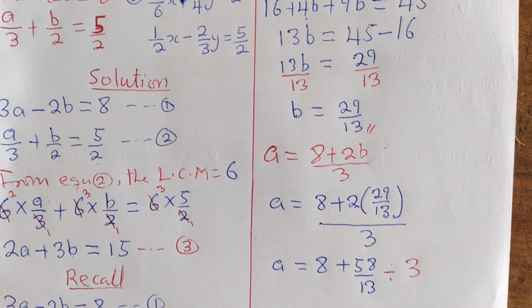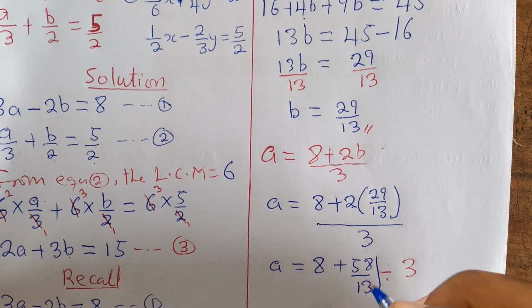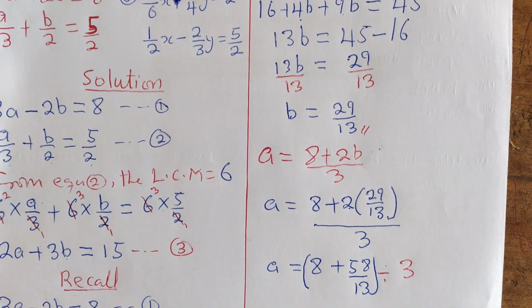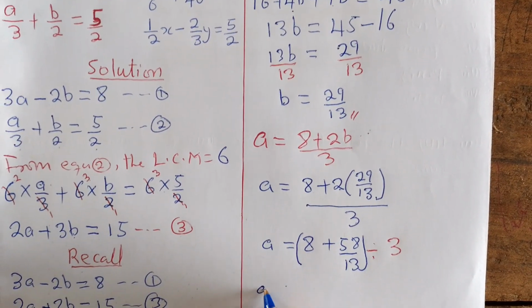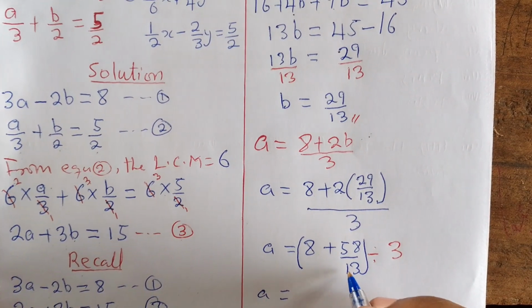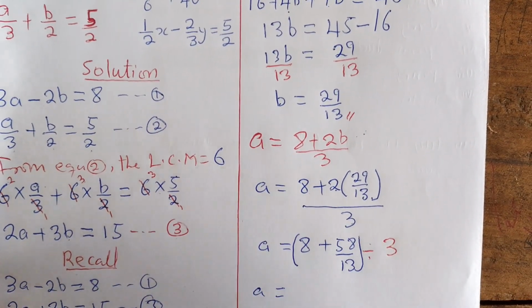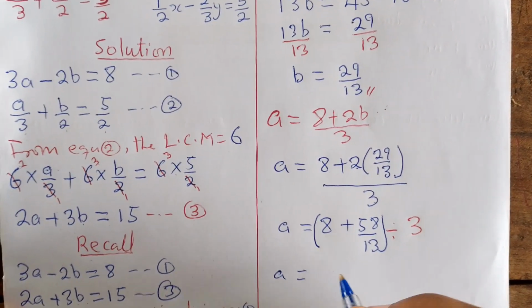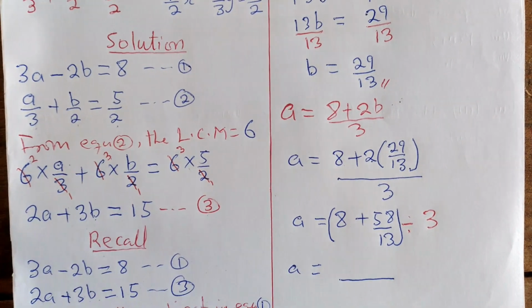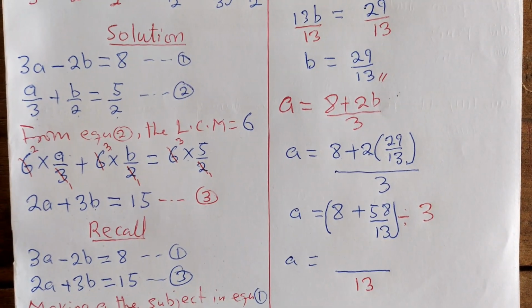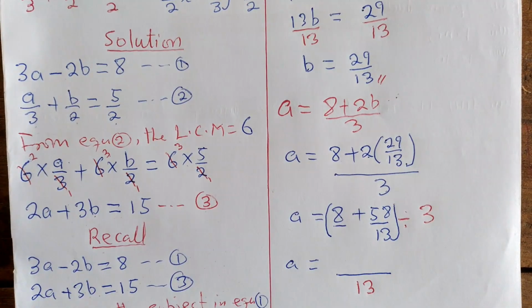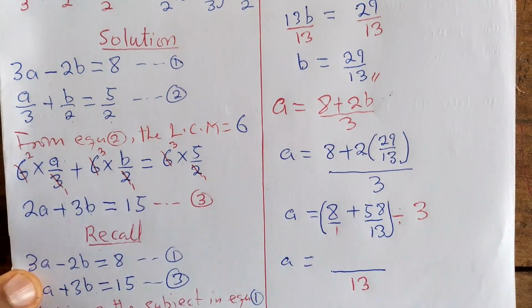So let me solve my fraction here. So A is equal to, what will be the LCM? The LCM will be 13. So it becomes 13, so this is out of 1. For us not to be confused, it's out of 1.